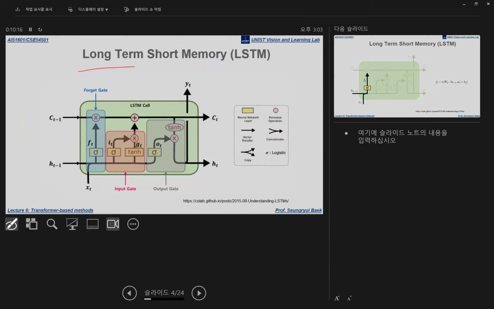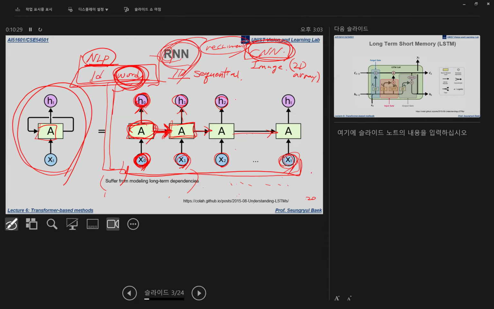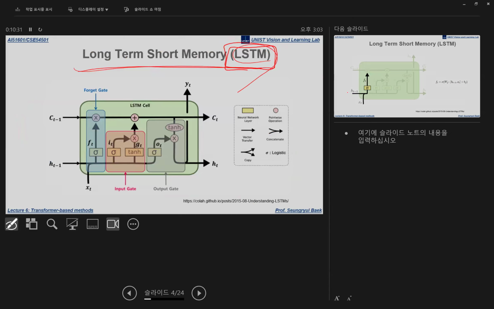Because of that, the LSTM, the long short-term memory algorithm, has been introduced. There are several algorithms to deal with the problem of the RNN algorithm, but LSTM is one of the popular algorithms that successfully deals with this vanishing gradient problem of the RNN.